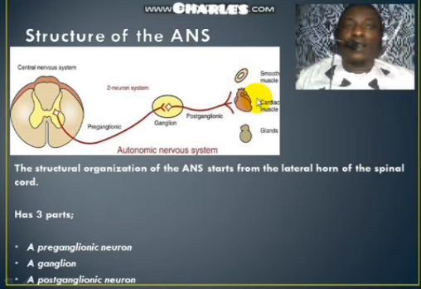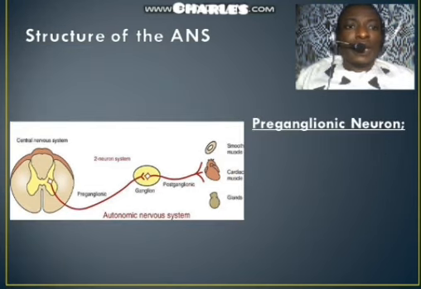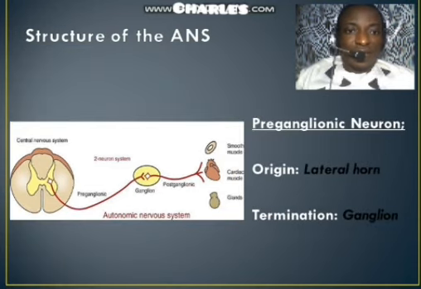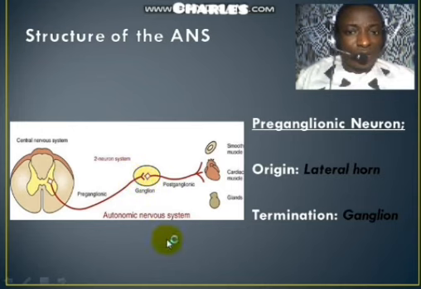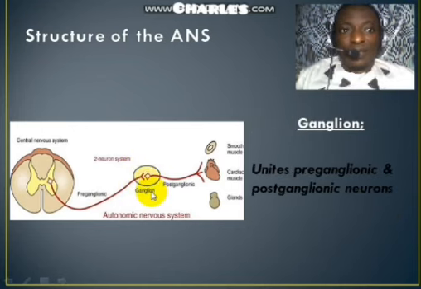The preganglionic neuron of the ANS originates from the lateral horn, as I said before, and it terminates right inside the ganglia. The ganglia is the point where the preganglionic neuron synapses or unites with the postganglionic neuron.